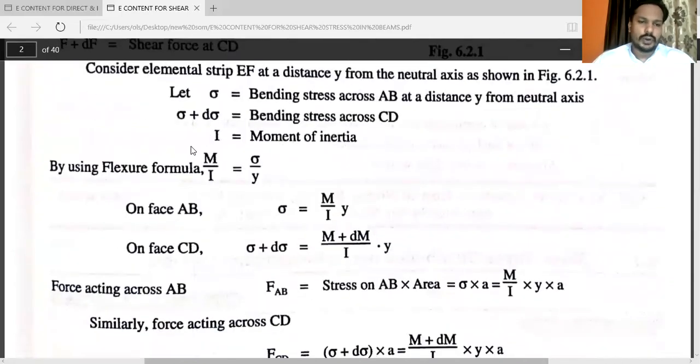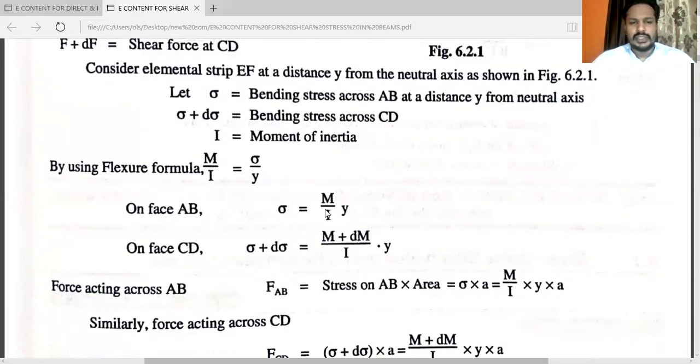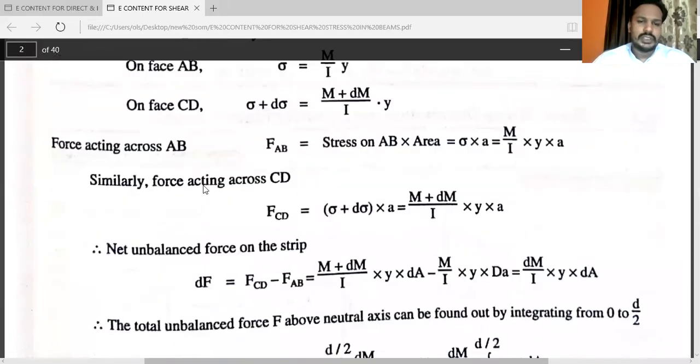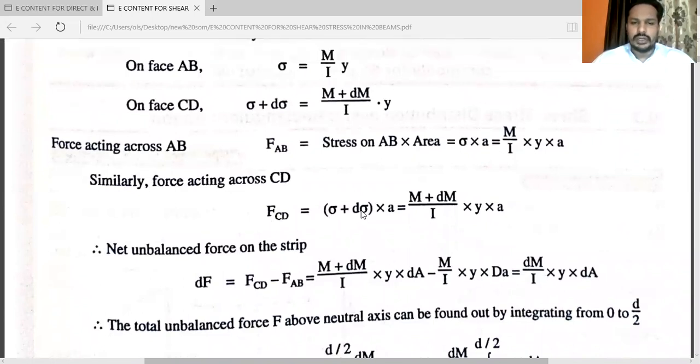We know the flexural formula, M by I is equal to sigma by Y. On face AB, sigma is equal to M by I into Y. On face CD, sigma plus delta sigma is equal to M plus dM upon I into Y. The force acting across AB is stress into area, so F_AB is sigma into A, which is M by I into Y into A. Similarly, across CD, F_CD is sigma plus delta sigma into A, which is M plus dM upon I into Y into A.